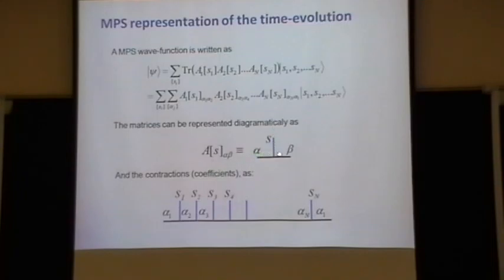showed last week. So this diagram has 3 legs, 2 for the indices, alpha and beta, and 1 for the spin where it's acting, or the position in the lattice. So if this is a spin 1/2, this index will go from 1 to 2. And the dimension of these indices is arbitrary.